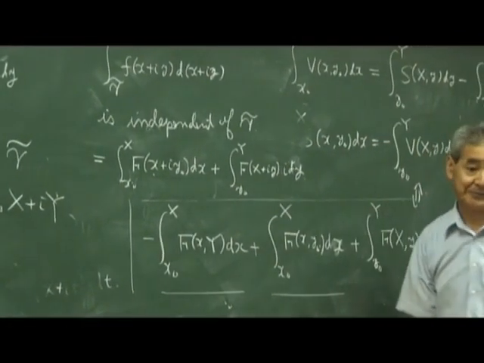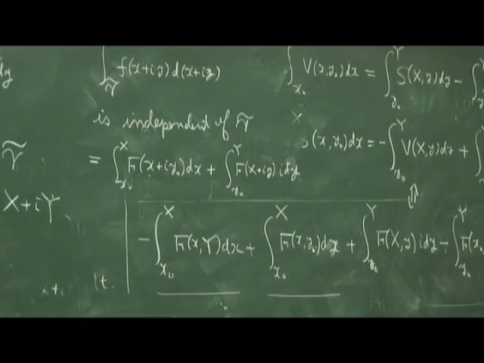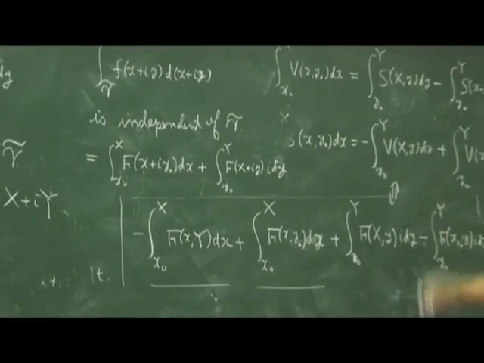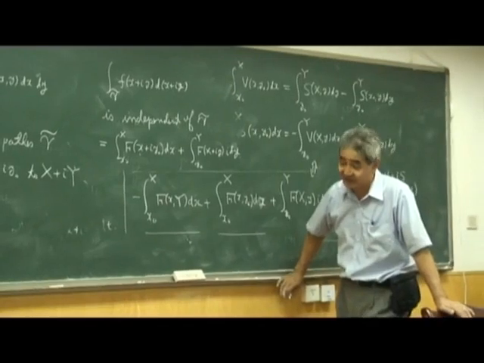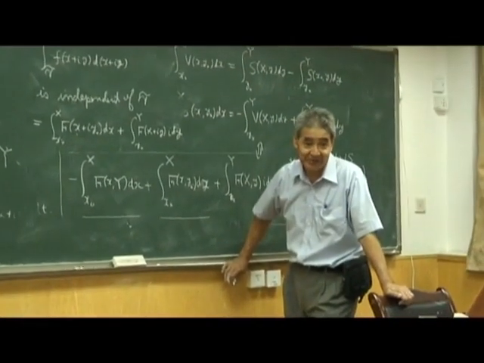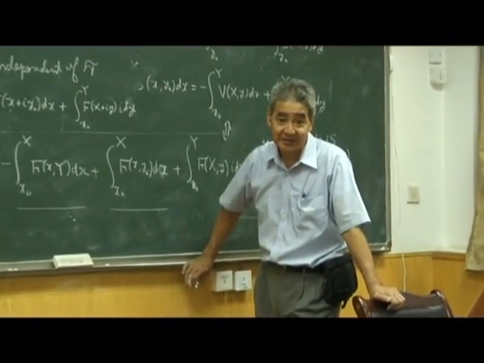This is the value. And this is a special type of what we today call Cauchy's theorem.